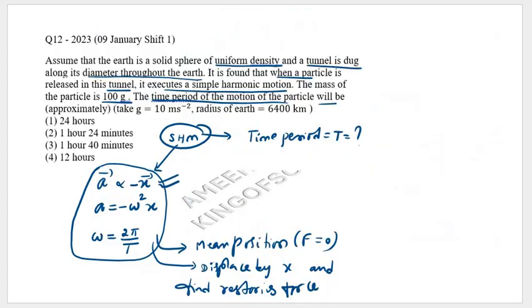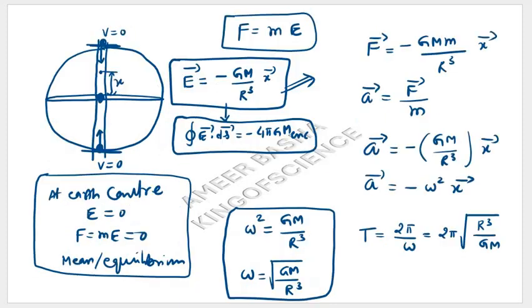Now you can also write this in terms of g. On the surface of the Earth, g is equal to GM divided by R square. If I substitute that, then the time period comes out to be 2 pi times the square root of R divided by g.